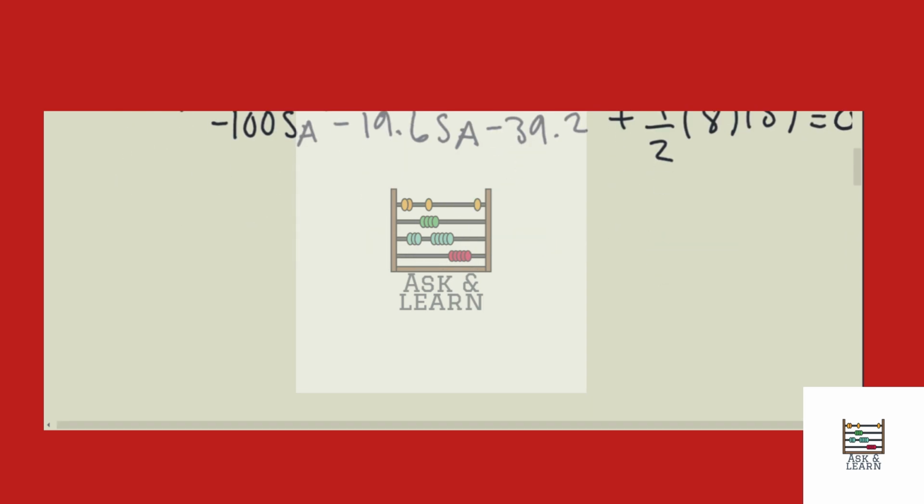Once you clean this up, multiply by a minus 1 to get rid of the negative in the very front. You have 100 SA squared plus 19.6 SA minus 60.8 equals 0.